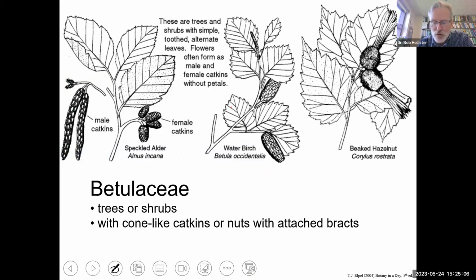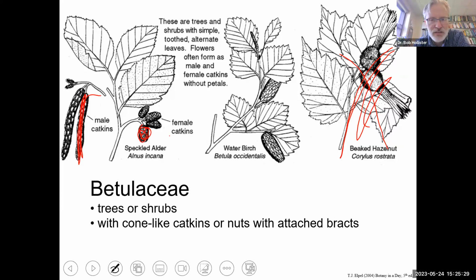Betulaceae. So Betulaceae is not easy if you do all of them, but if we just kind of pretend this doesn't exist, they're pretty easy. We've got the catkins. The female ones look like little cones. The males are these droopy catkins.